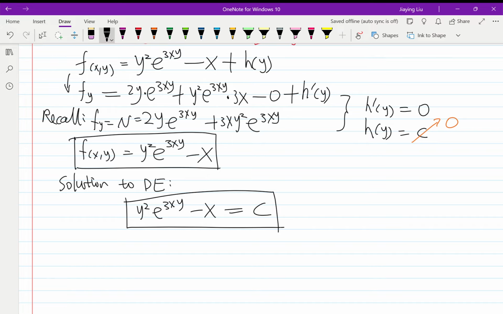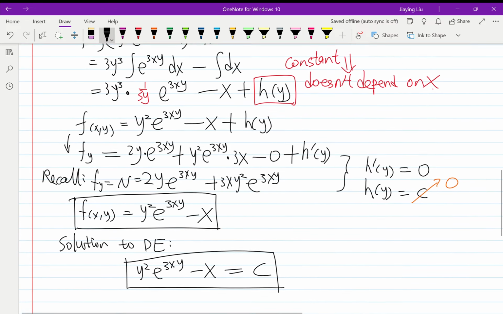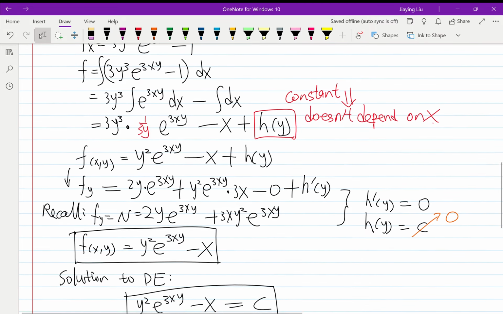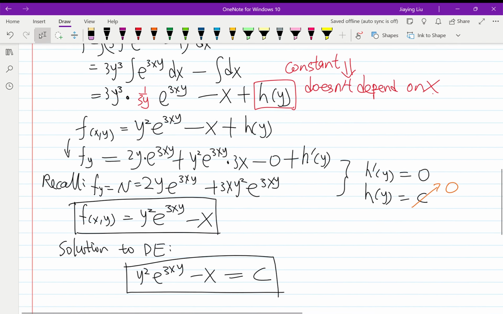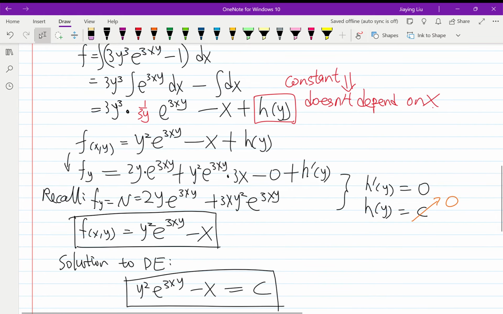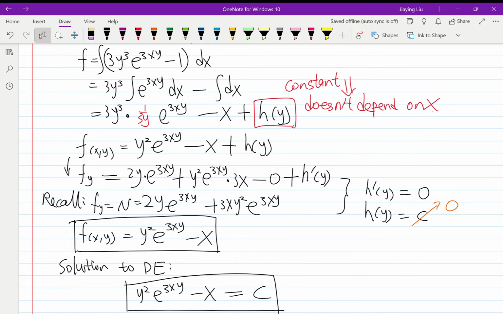Is that happening, the M being equal to the f sub y and then h prime of y being 0, does that happen often? It really depends on the example. If that happens, it's a great thing, right? You don't have to integrate anything if that happens.